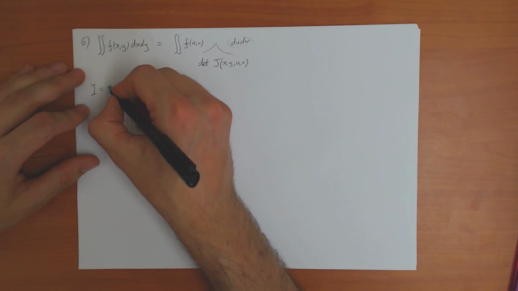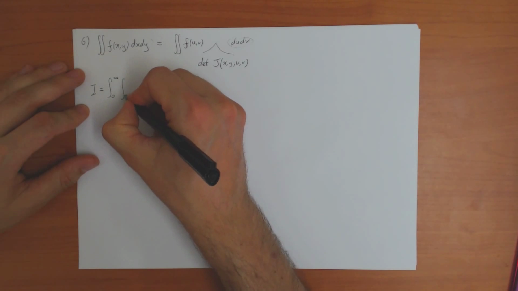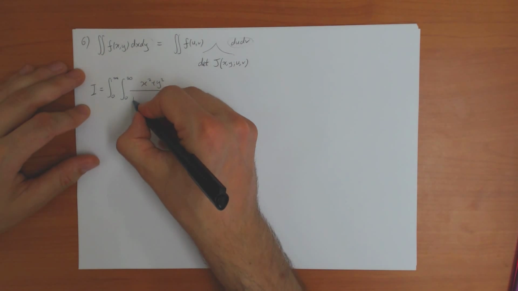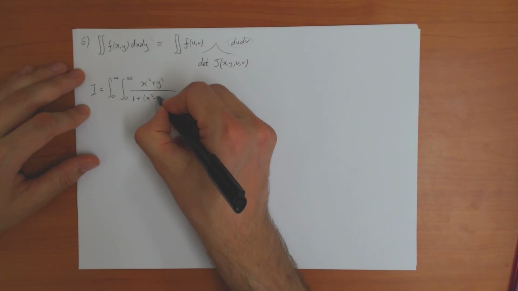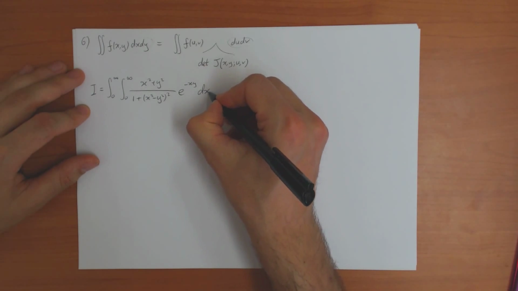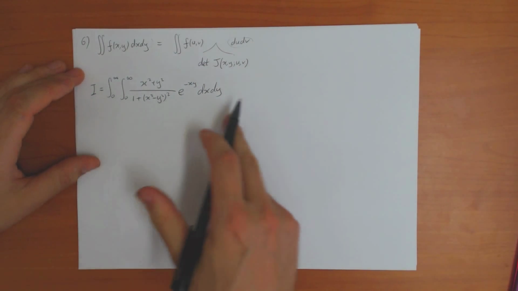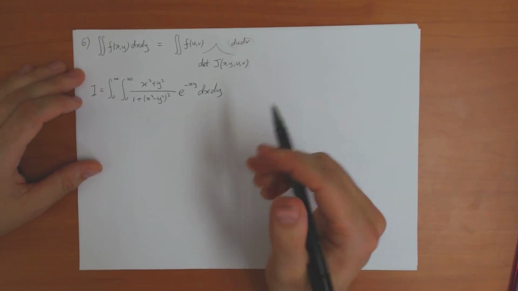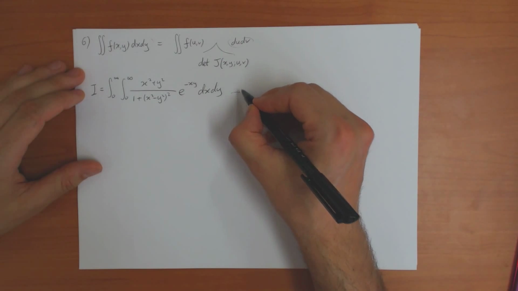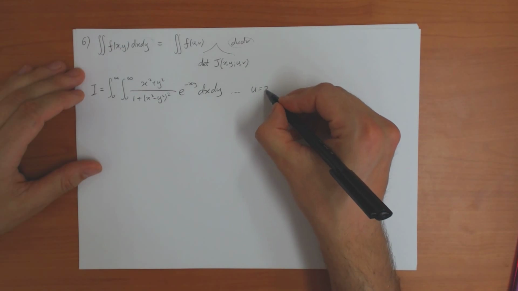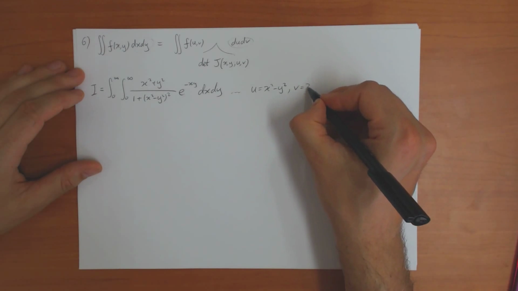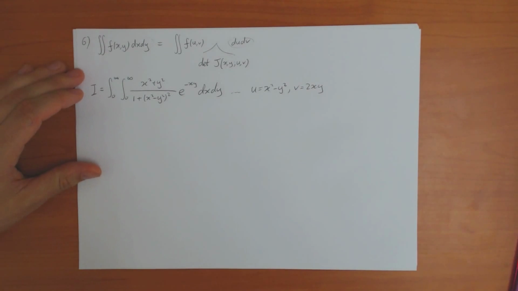So in question 6, the integral in question is this one: x squared plus y squared over (1 plus (x squared minus y squared) squared) times e to the minus xy, dx dy. So it's an absolutely horrible integral in x and y. Hopefully you can find some variables which make it easier, and it tells you that u is x squared minus y squared and v is 2xy.